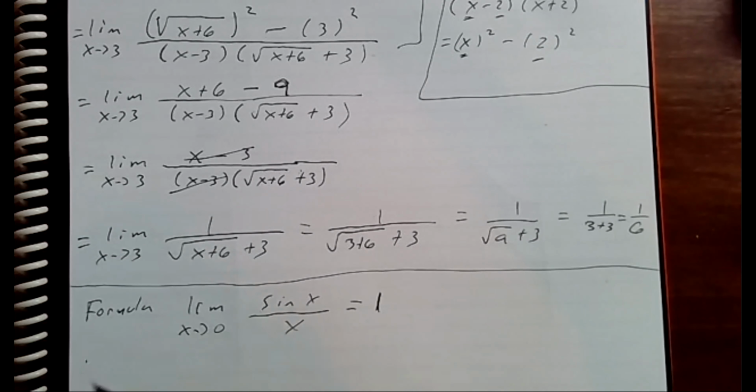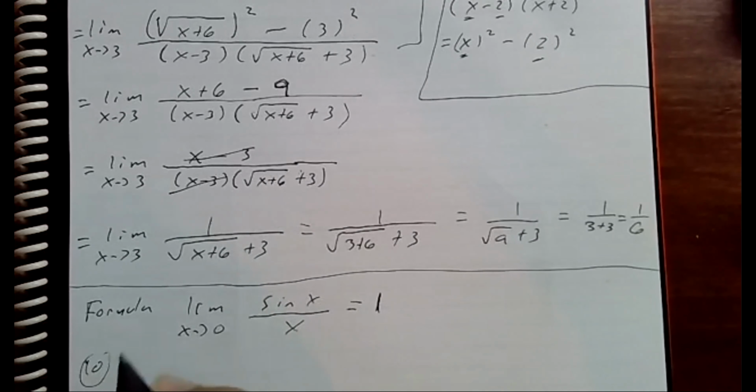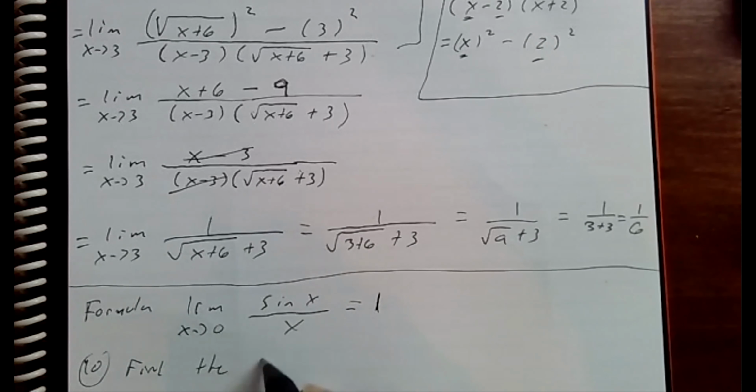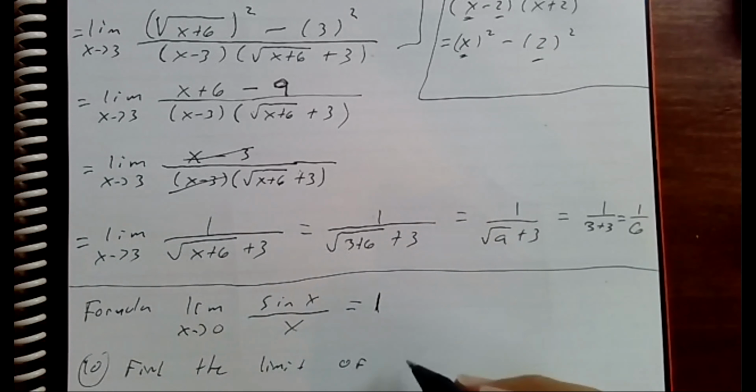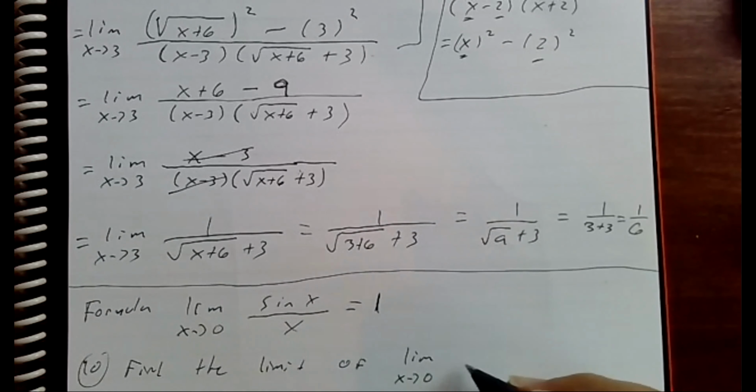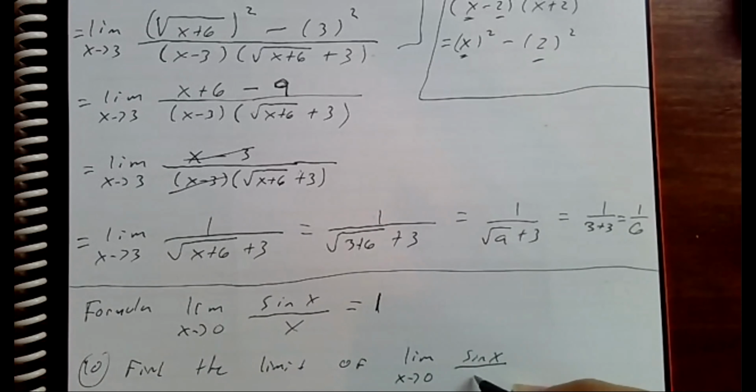Number 10 says find the limit of the following: the limit of x approaching 0 for sine x over 3x.